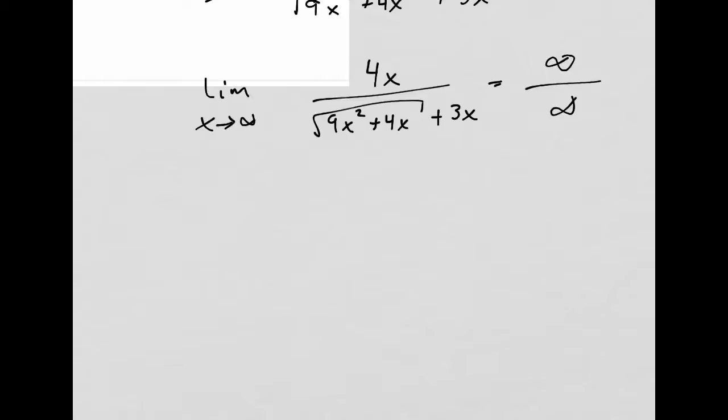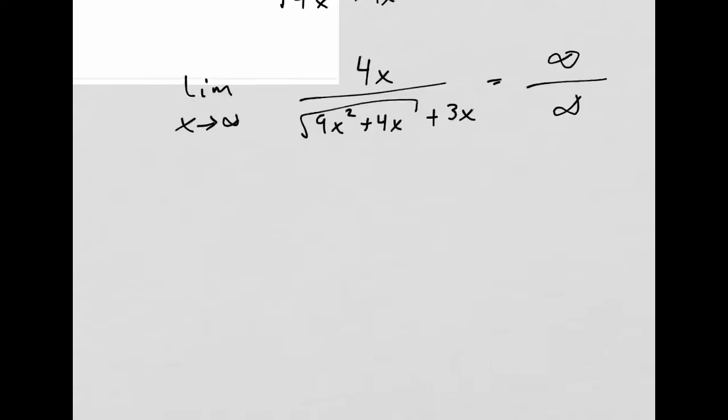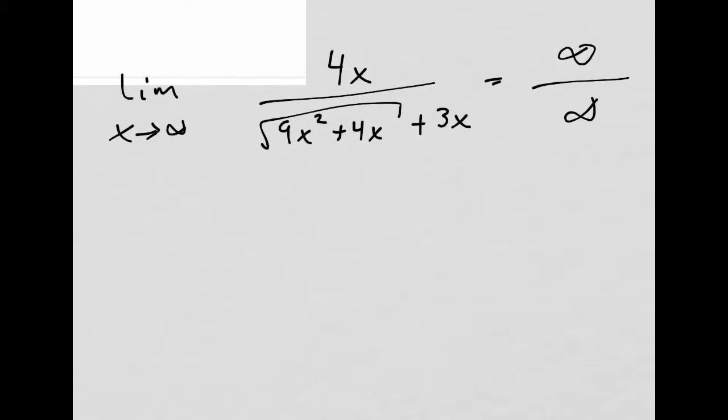So what do we do? Well, with limits at infinity, there's a trick. The trick is to factor out the highest power in the denominator. So we look at the denominator. There's an x, there's an x squared. I'll factor out an x squared.